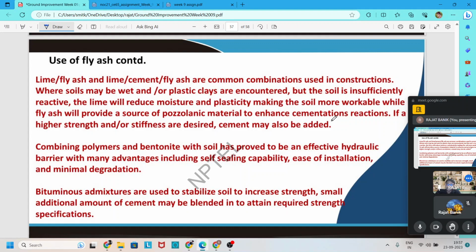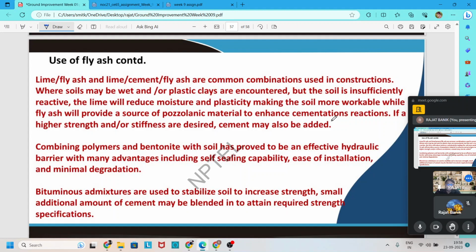The soil should be reactive, and for that, sometimes we use fly ash, which contains pozzolanic and cementitious material. That way, we improve the soil, and the soil becomes very stiff and higher strength is gained.